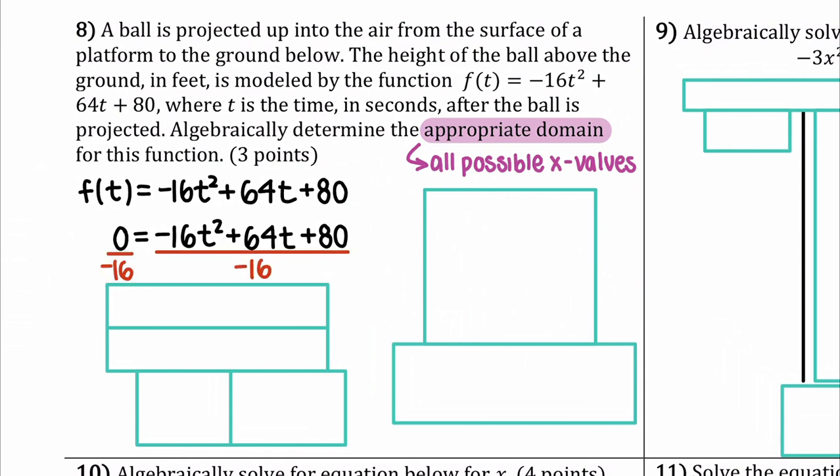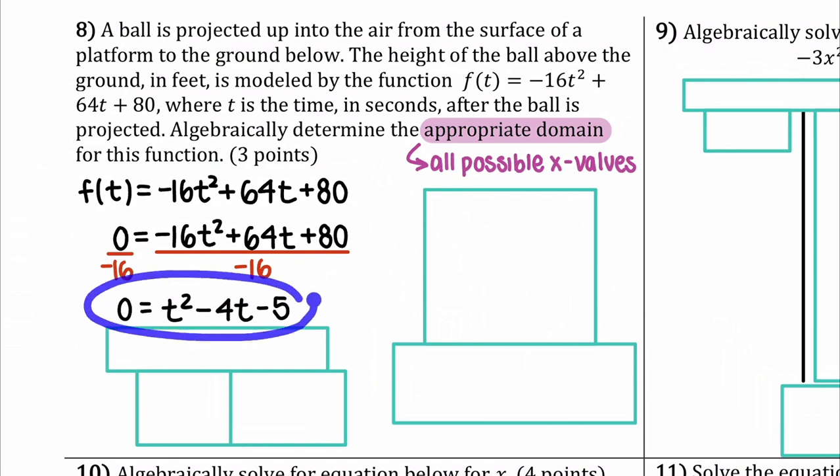Let's solve for t by dividing both sides by negative 16 just to make the equation easier for us. That gives us 0 equals t squared minus 4t minus 5. There's a multitude of things that we can use. We can factor, we can complete the square, we can use the quadratic formula, but because this equation has very small numbers, factoring would be easiest.